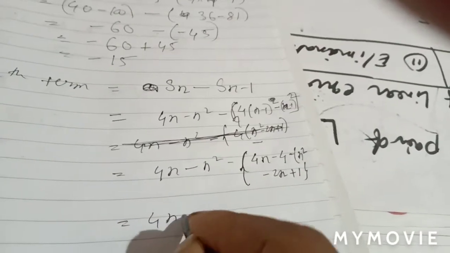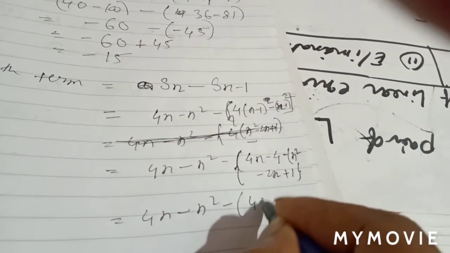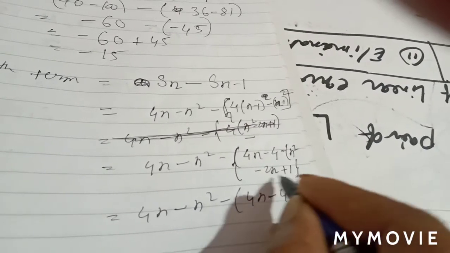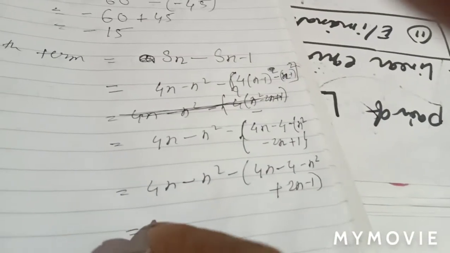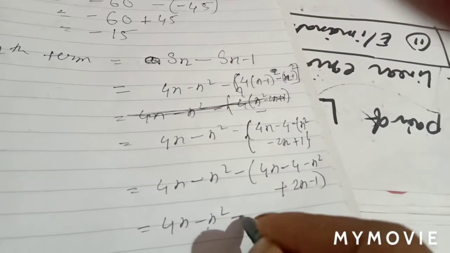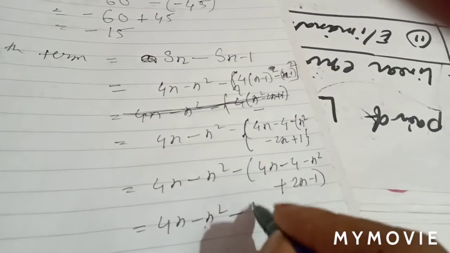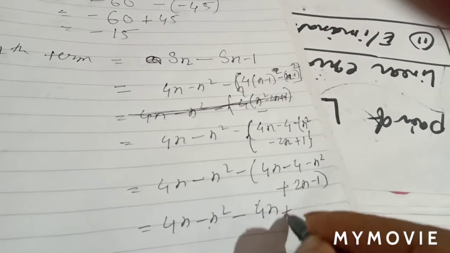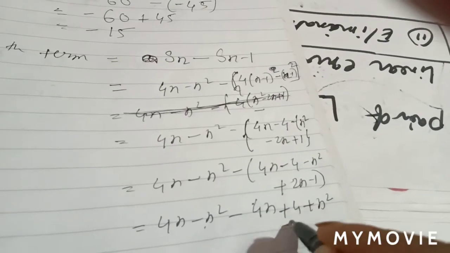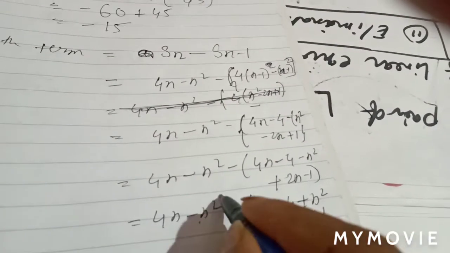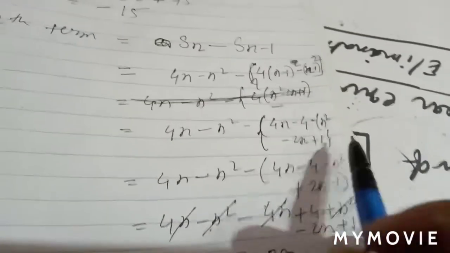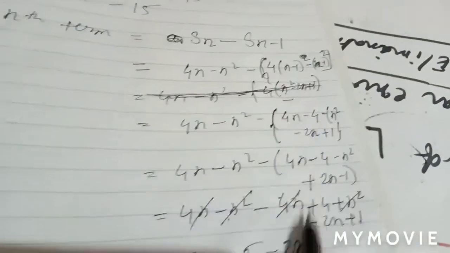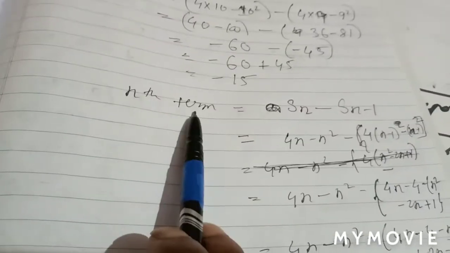Taking out the bracket, 4n minus n square minus 4n plus 4 plus n square minus twice n plus 1. Minus n square plus n square cancel, 4n minus 4n cancel. 4 plus 1 is 5, 5 minus 2n. So all of you understood? This is the nth term.